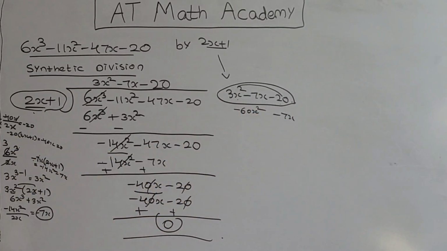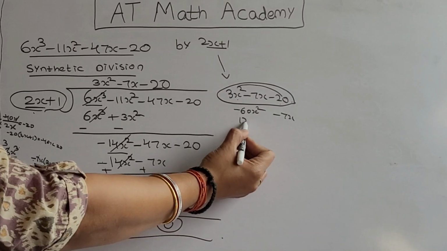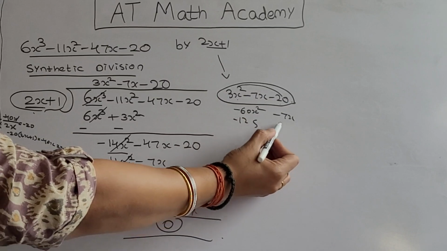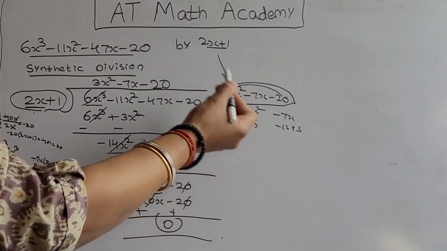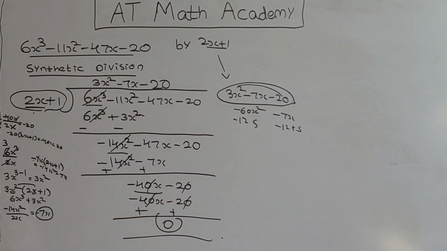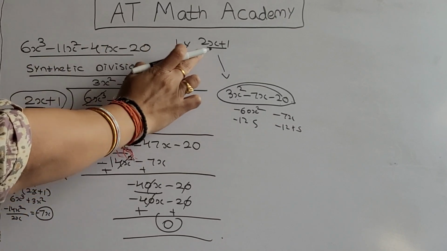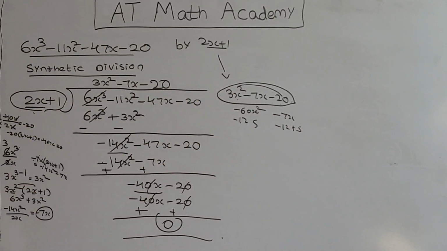So I need to think of two numbers such that when I add those two numbers, I get minus 7, and when I multiply, I get minus 60, and you can think of it as 12 and 5. So minus 12 into 5 is minus 60, and minus 12 plus 5 is minus 7. So we can write it that way and solve that equation to find the values for x, or we can stop here. So the final value of the division is this.